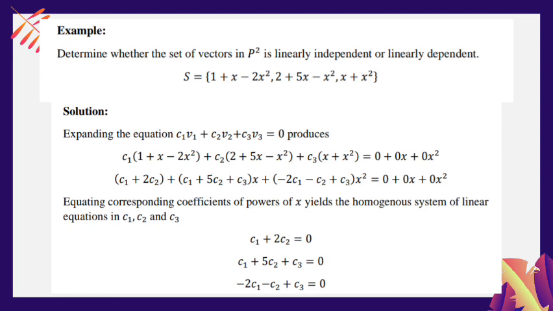And then we will equate the corresponding coefficients of powers of x. It will yield the homogeneous system of linear equations in C sub 1, C sub 2, and C sub 3: C sub 1 plus 2 C sub 2 equals 0; C sub 1 plus 5 C sub 2 plus C sub 3 equals 0; negative 2 C sub 1 minus C sub 2 plus C sub 3 equals 0.